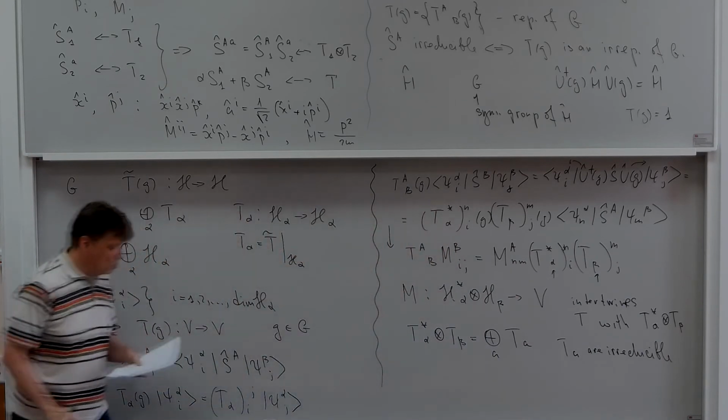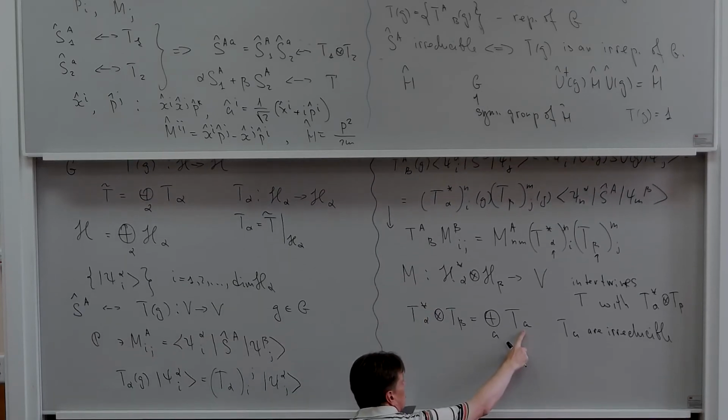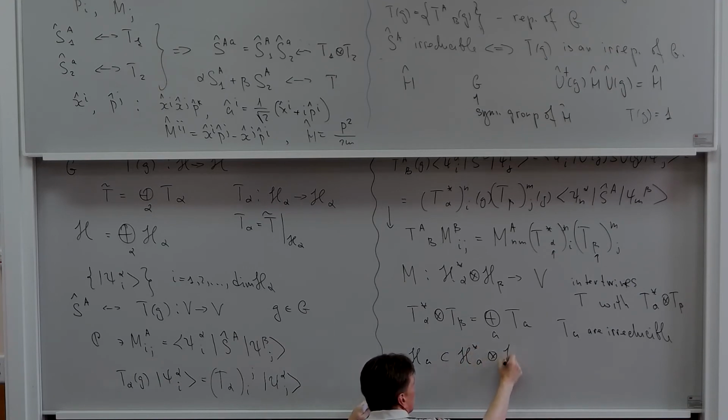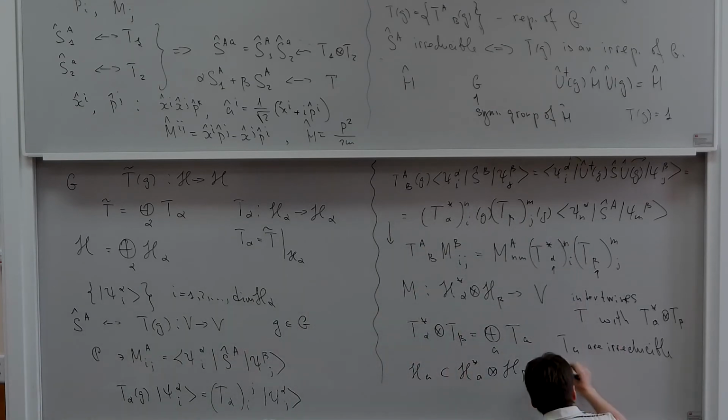It decomposes into a direct sum of irreducible representations, so that each irreducible representation T i acts in some invariant subspace H i in H alpha star times H beta. In other words, this tensor product decomposes into the direct sum of invariant subspaces H i. So each T i of g acts in H i.